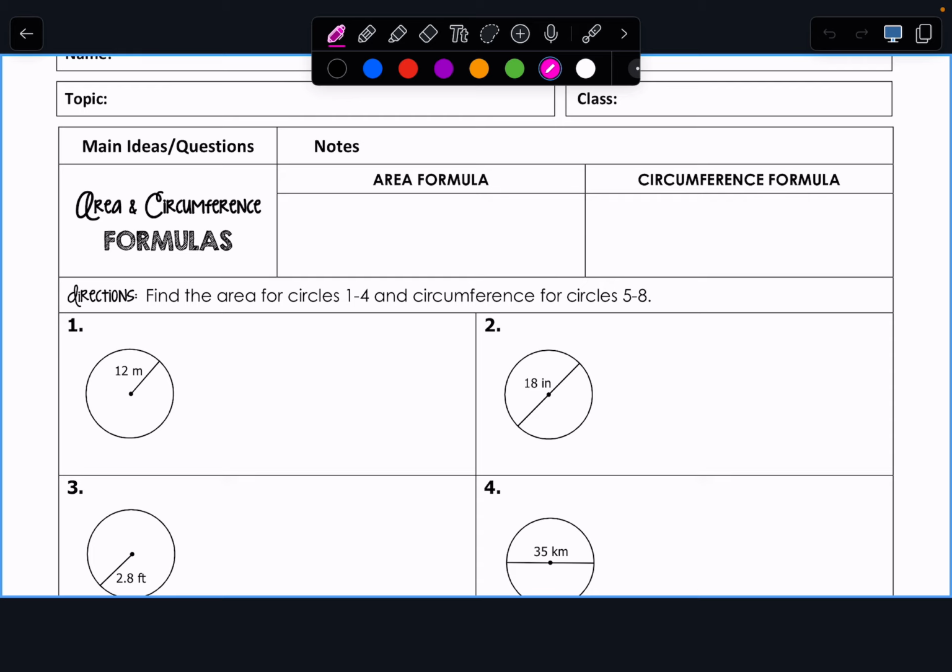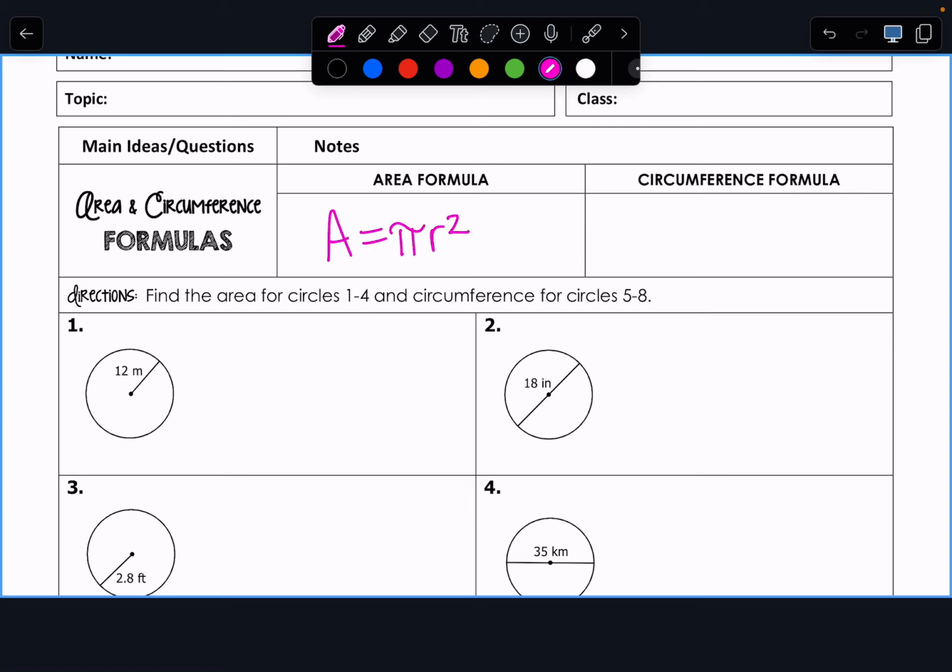The area of a circle. Derek, how do we find the area of a circle? Area equals pi r squared.